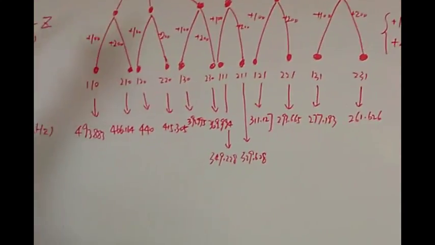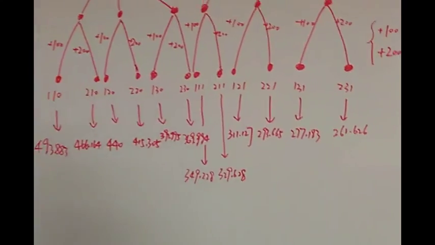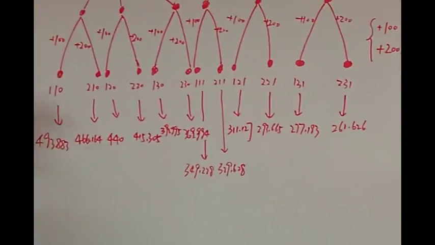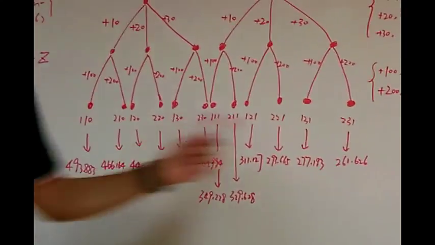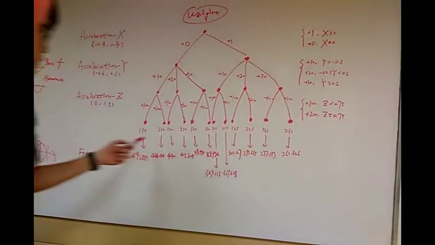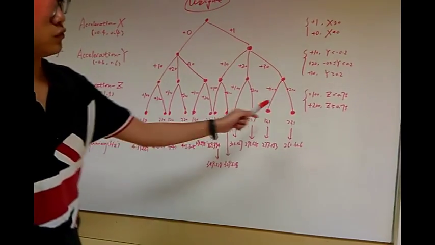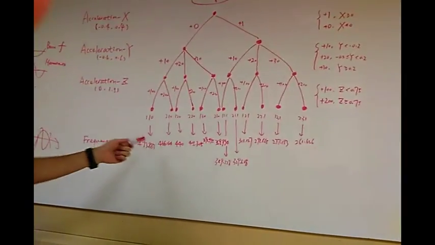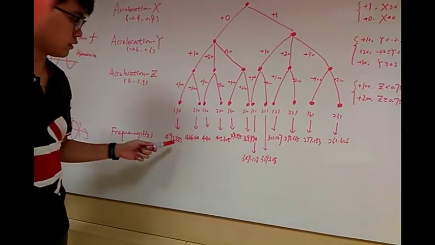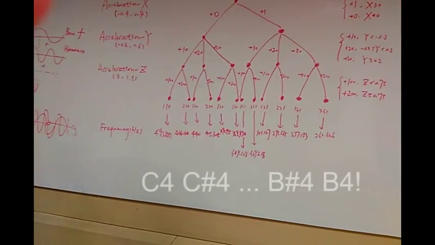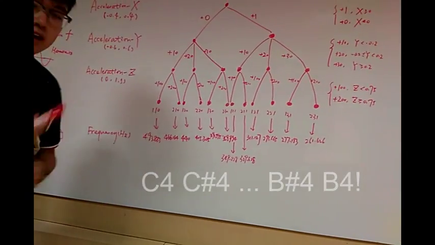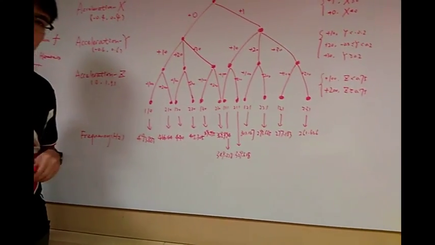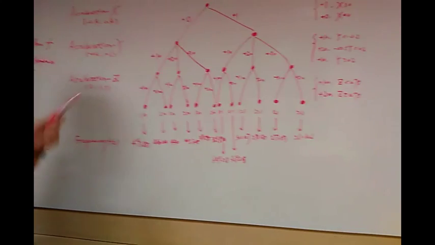As you can see, at the lowest level, after all this weightage sums up, we can get 12 different weightages, from 10 to 231. Each weightage matches one frequency for a key in the piano. So this is how we decide which frequencies to play based on the 3 parameters we have.